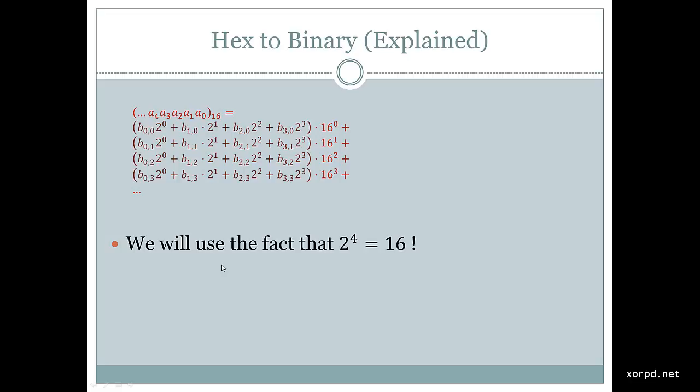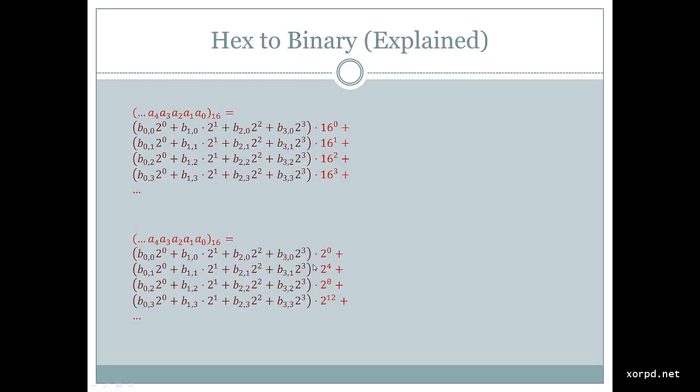Now we can use again the fact that 2 to the 4 is 16, which is going to be useful here because we have all those 16 and we want to replace them with something related to base 2. And we are going to get this new equation. Everything we did is just replace every 16 with 2 to the 4. So we get here on the first power 0, and then 4, and then 8, and then 12.